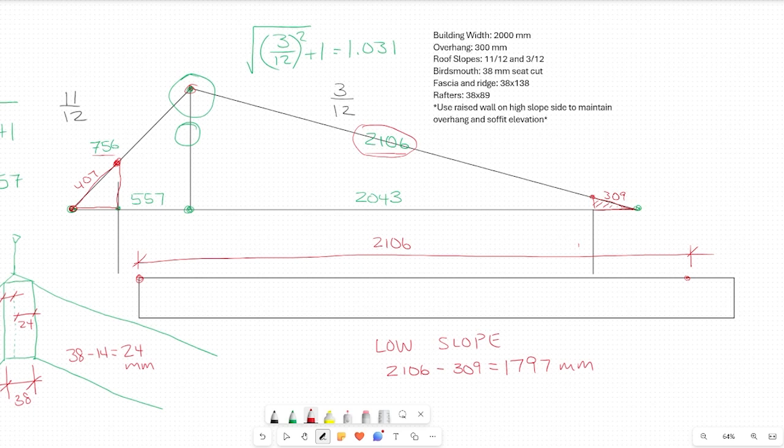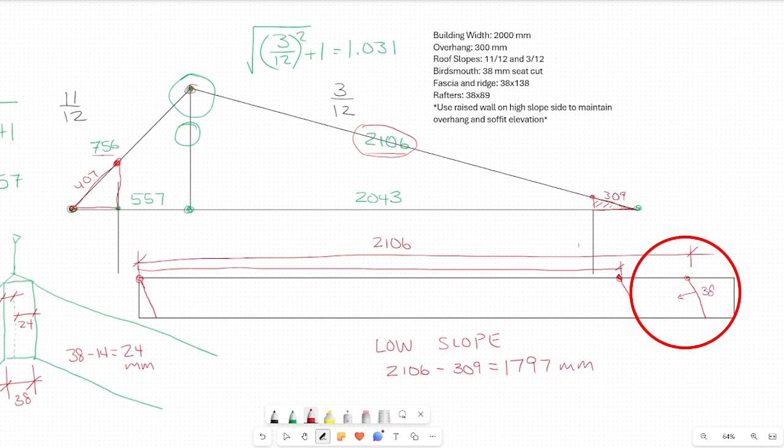So leaving my tape hooked at the top, I'll measure down 1,797, and I'll make a mark here. This will be my theoretical cut at the ridge. This will be my plumb cut at the bird's mouth, and this will be the outside of my fascia. At the bottom, I can measure over the thickness of fascia, which in this case will be 38.